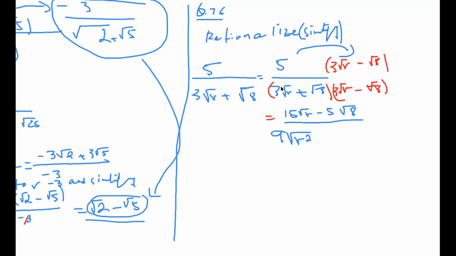Then 3 radical r times radical 8, what is that equal to? It's going to be a minus, and multiply what's inside. 3 times the invisible 1, right? 3 times 1 would be 3. And what's inside the radical? 8r. That's right. r times 8 is 8r.